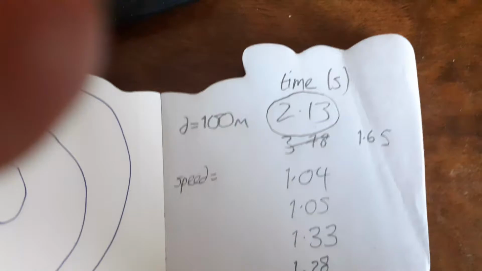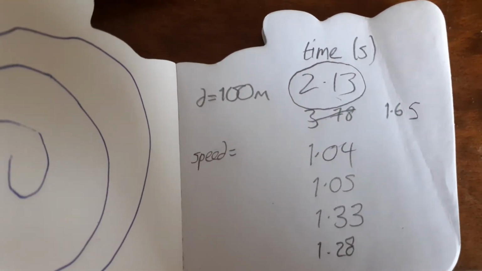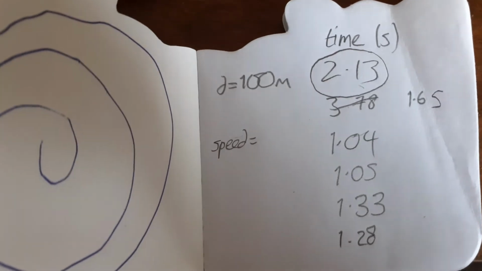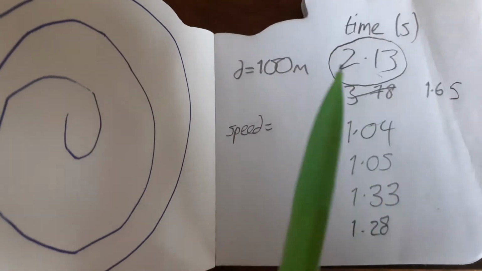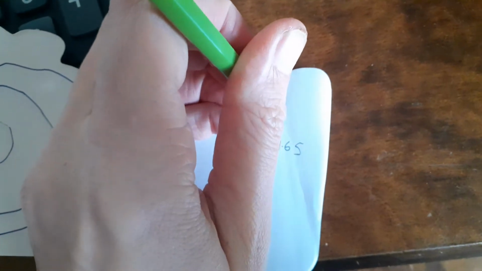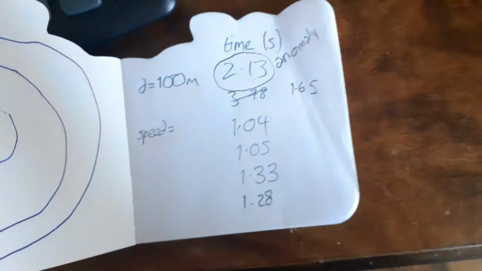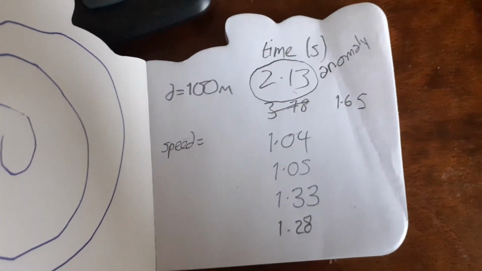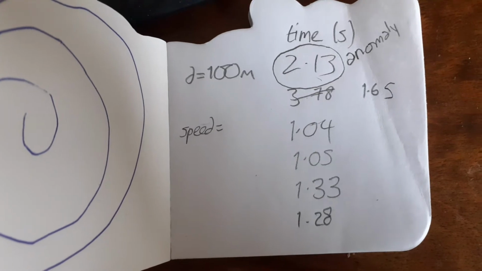Here's a little tip for you: when you are doing any tests or exams and you're asked to calculate an average, always look for a little odd man out that doesn't fit in with the rest of the numbers. That's called an anomaly. I've just written anomaly down there for you, and we ignore it when calculating our mean average.